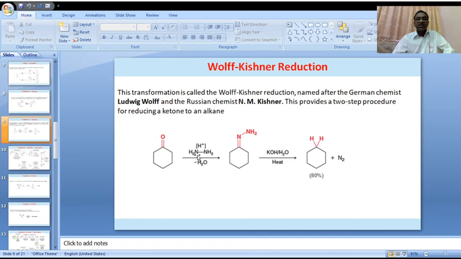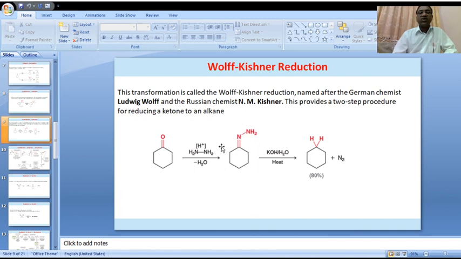The breakage is like this: H2O leaves, the double bond is attached to the nitrogen, and the remaining N2 is there. This is the hydrazone compound.